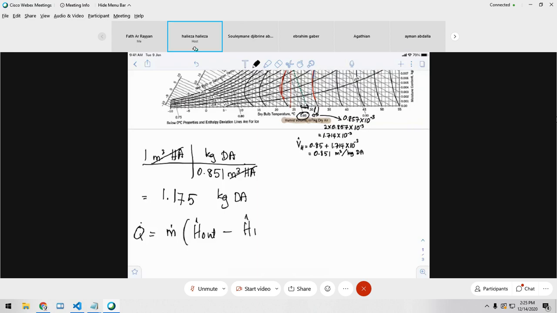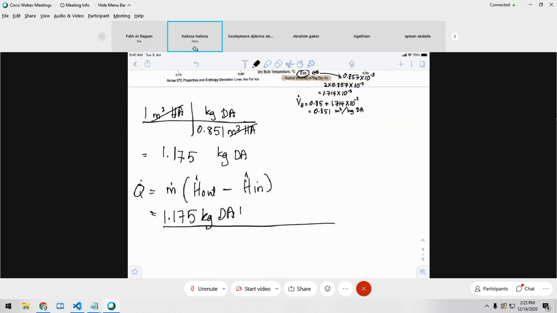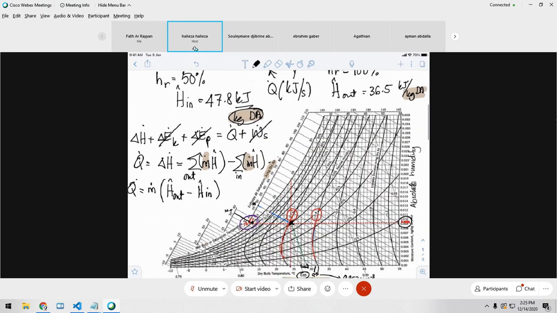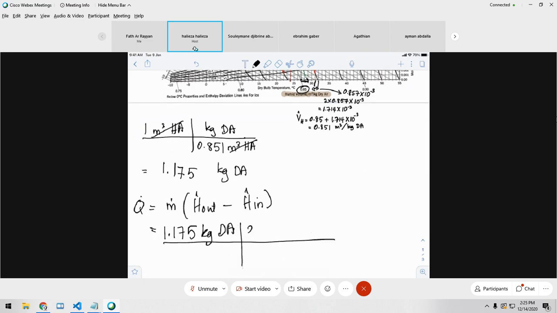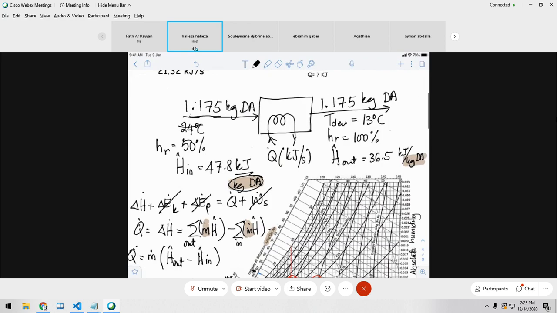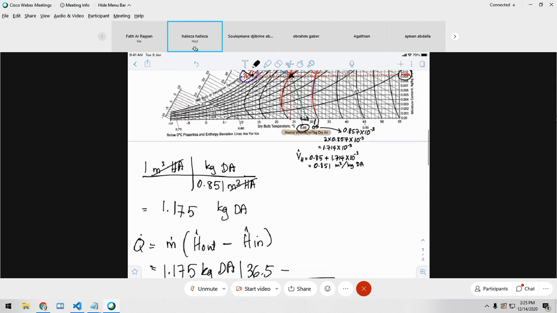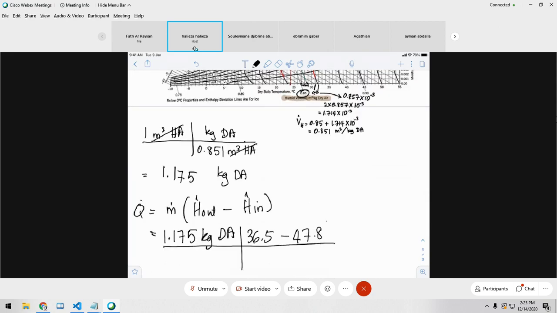Your amount of dry air just now is 1.175 kilogram of dry air, and multiply that with the difference of the specific enthalpies. The outlet is 36.5. I'm looking at my diagram because that's where I jot down my enthalpies. My enthalpy for my inlet is 47.8. So I just write down the unit now. That's kilojoules per kilogram dry air.